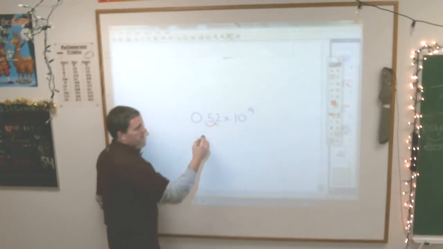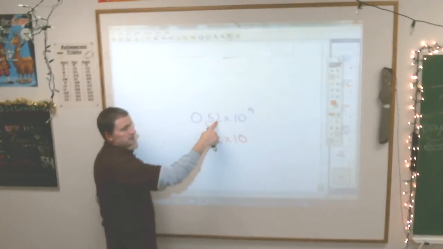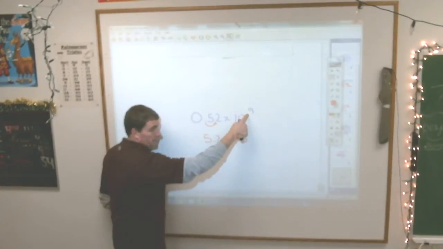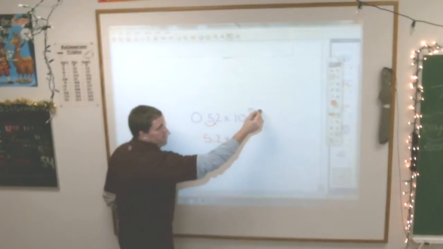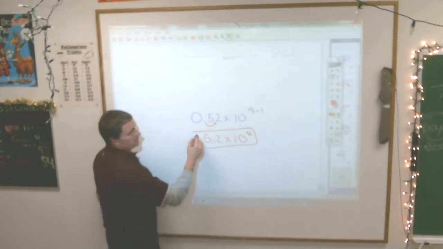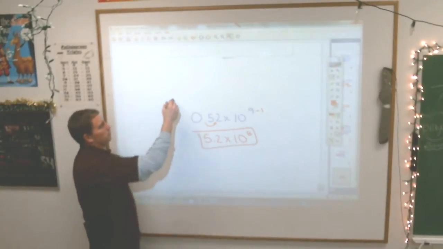Just once. So this becomes 5.2. Now, did I make this number smaller or bigger when I moved that decimal? Bigger, so that means this exponent has to become smaller. And I moved it one place, so it becomes 1 smaller. So it becomes 5.2 times 10 to the 8th power. They balance themselves out.